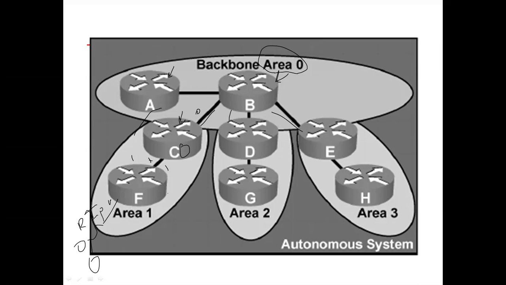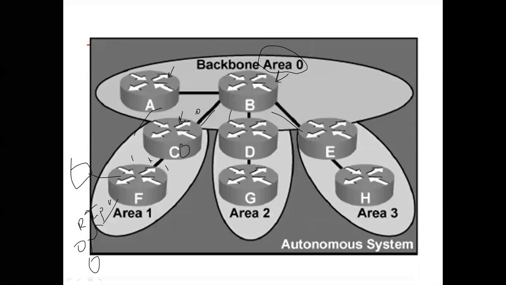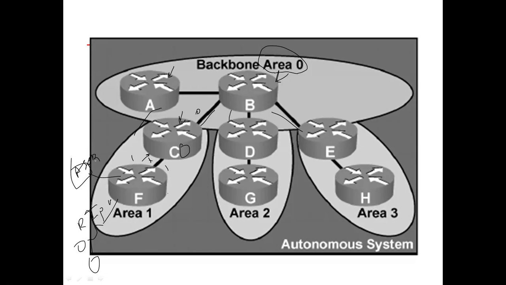So in F, two routing protocols are running, RIP and OSPF, because this interface is participating in OSPF and this interface is participating in RIP. So this is called ASBR. The terminology we will see later, just for introduction. This router is participating in both routing protocols.